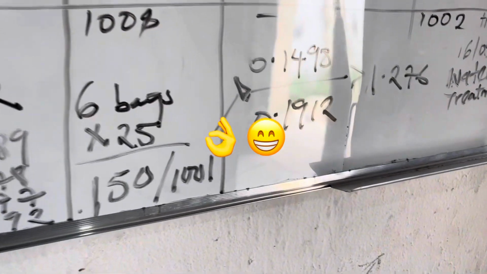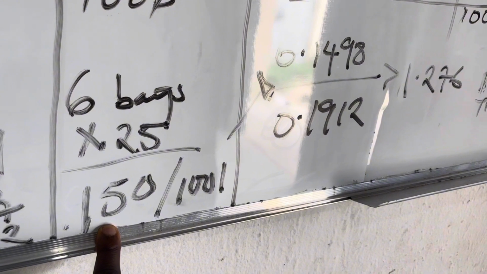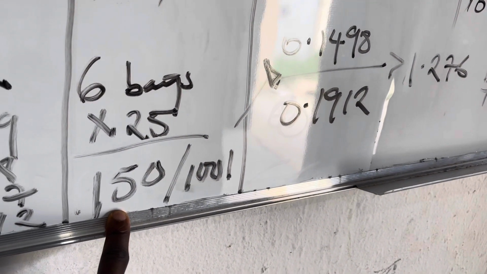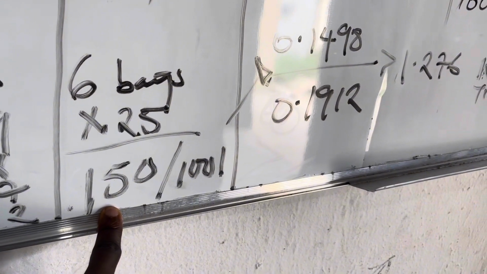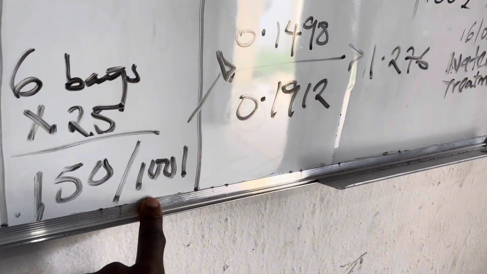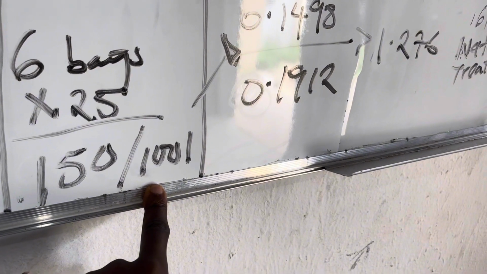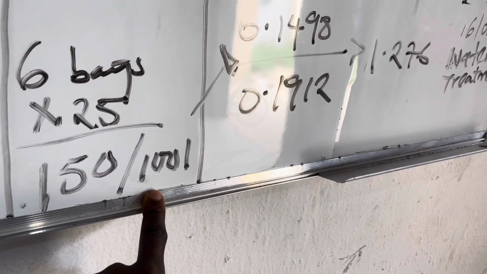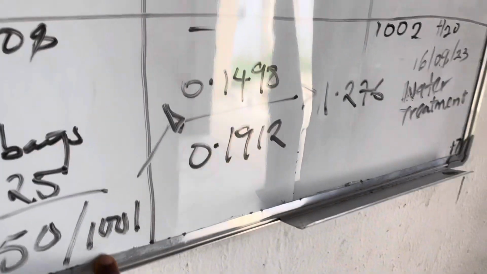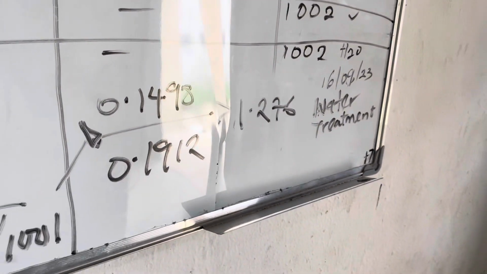So when you divide 150 kg, the total feed that the birds have eaten, by the number of live birds you have, which is 101, you would have 0.1498 kg.